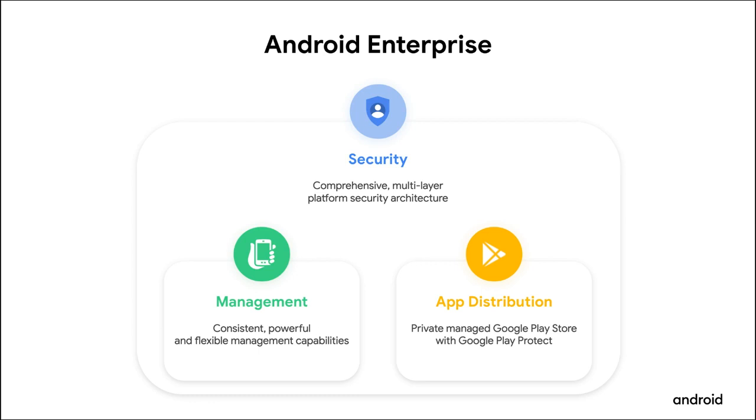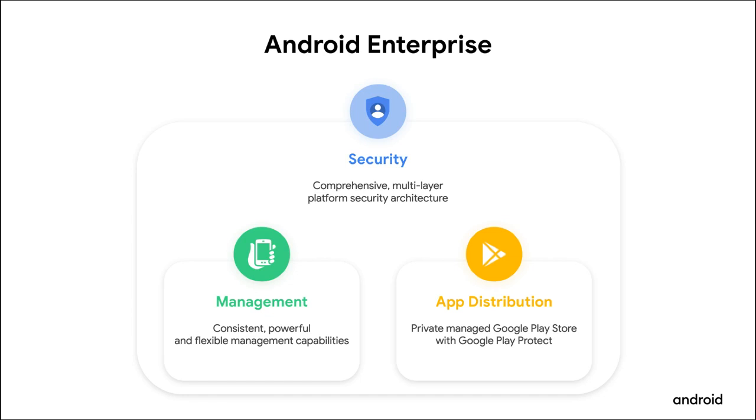The device management and application management are all circled with security. And security provides that comprehensive, multi-layered architecture that the device management and application distribution rely on to secure the data, not only on the consumer or personal side, but mostly for devices that are deployed for business use.